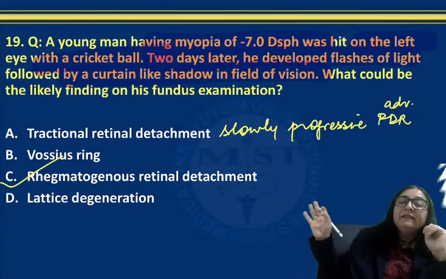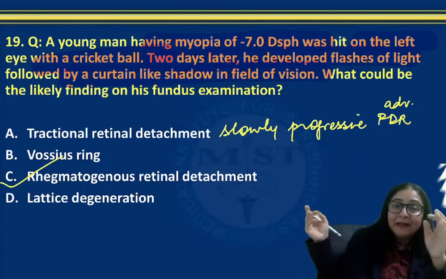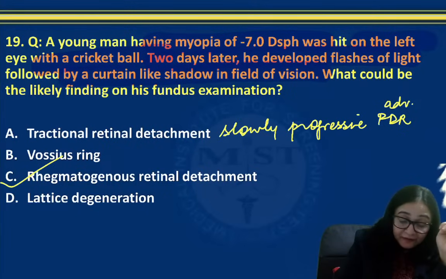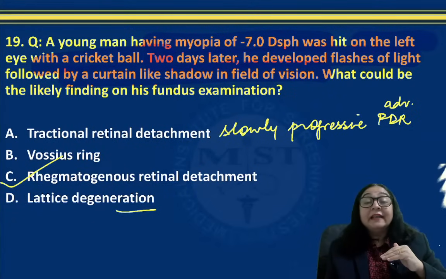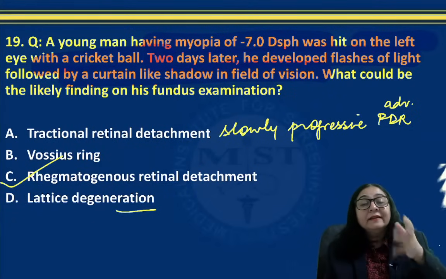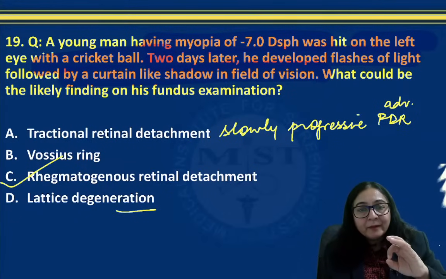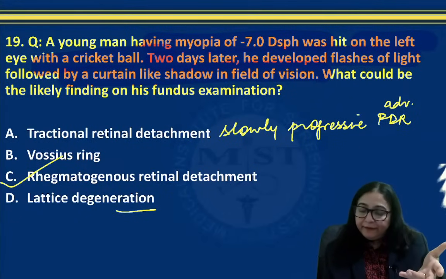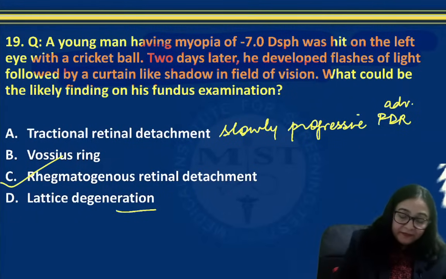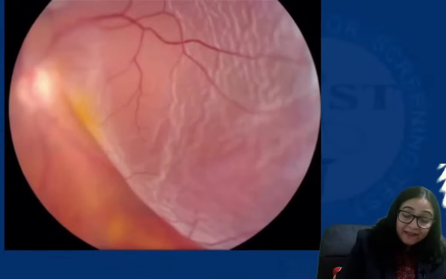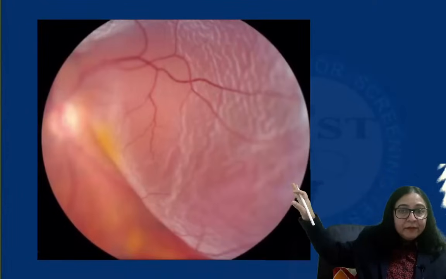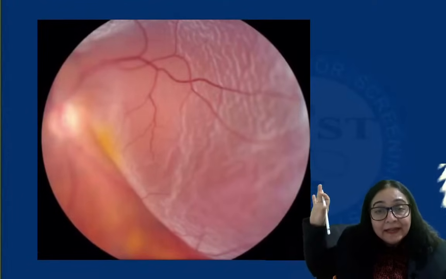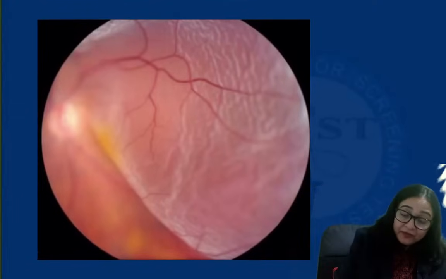Okay. So lattice degeneration can be present, but lattice degeneration in itself is not going to cause the curtain like shadow unless there is a retinal hole formation leading to retinal detachment. So this is why the curtain like shadow occurs. Beta, again have a look at this fundus image also to identify how the rhegmatogenous retinal detachment, or RRD, looks like.